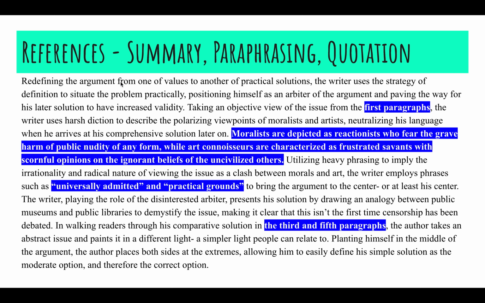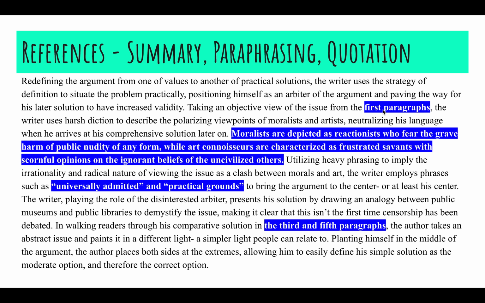There's a summary, there's paraphrasing, there's quotation. A good rhetorical essay in response to a text should probably use all three types of references. If you only quote, then that's all you can do, at least based on what I see. I can only evaluate you based on what you show me. And if you quote only, then that's all I know you can do, right?